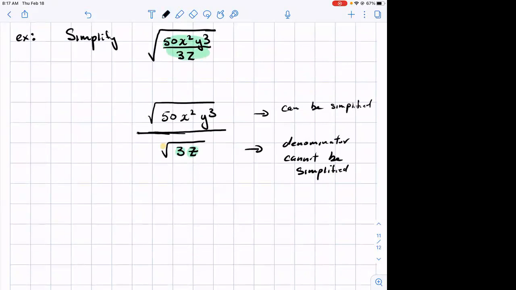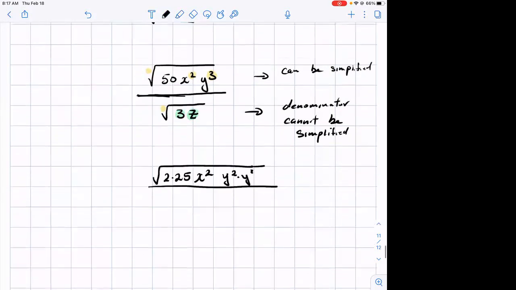The numerator can be simplified as 25 times 2. Notice that your power here is 2, the index is 2, so that will be simplified. But your power here is 3, so we have to rewrite that as y squared times y to the 1. As I said, the denominator is not simplified.